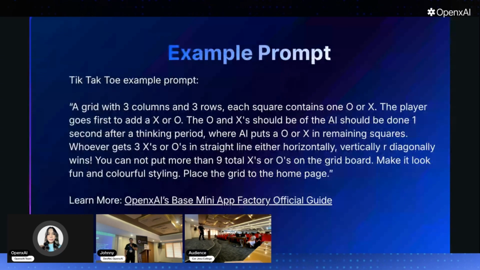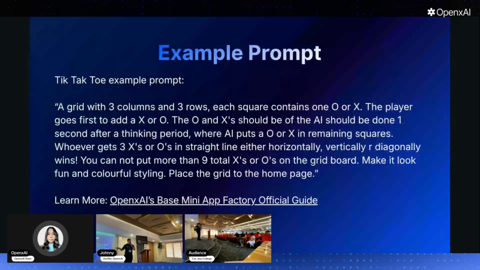And this is zooming into the example prompt. So as you saw, tic-tac-toe is a very simple game, but it did take about 3 sentences to describe the game, how it works, what the rules are, and what it looks like. And what are the conditions for that game to be won?